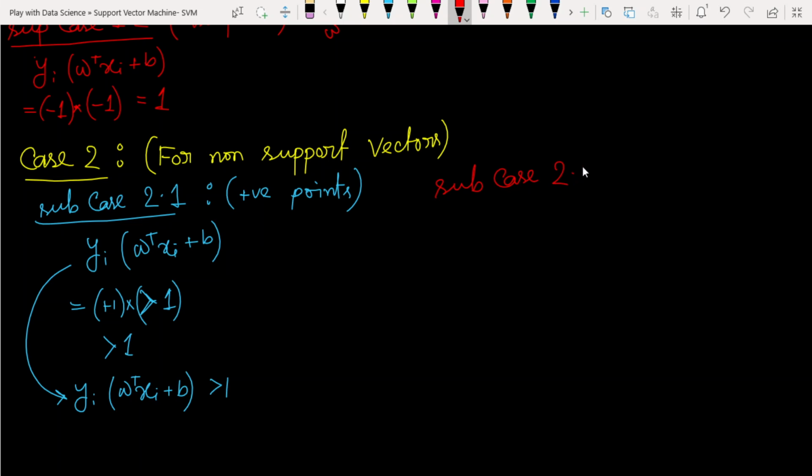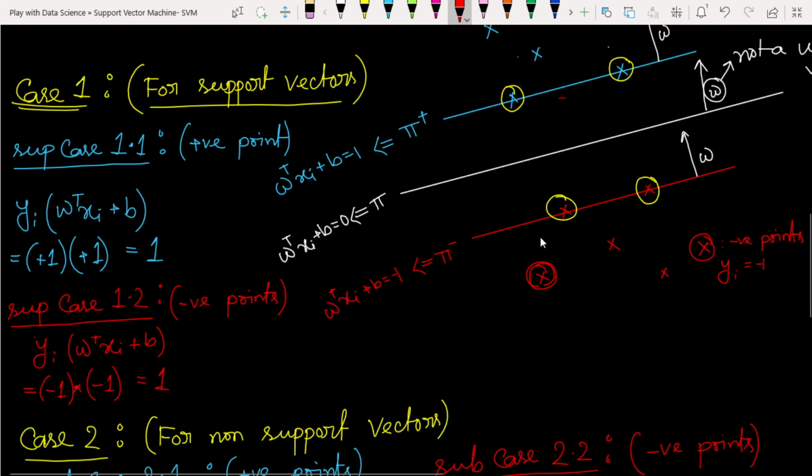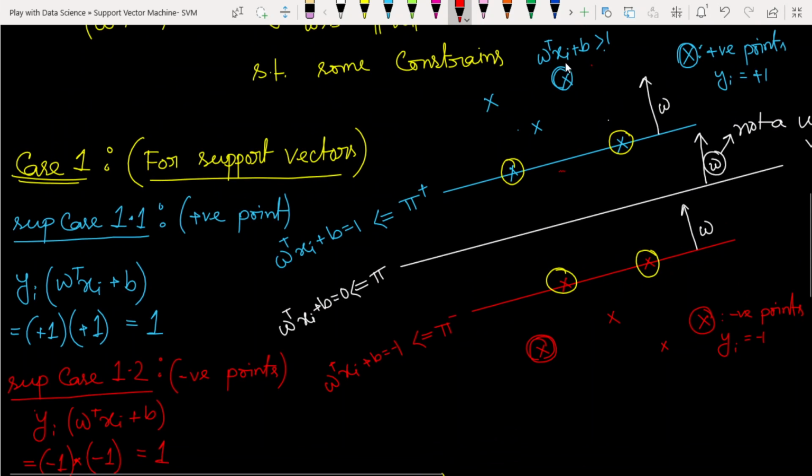Now we consider subcase 2.2. What will be subcase 2.2? This is for negative points that are non-support vectors. So I am considering these points, non-support vector negative points. Now we are interested in calculating W transpose xi plus b.